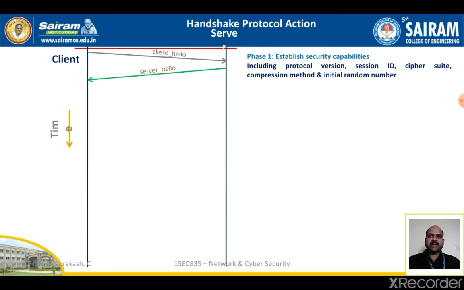Some types of algorithms include hash size, key material, and IV size, and whether it is exportable. In this way, phase one is established. The establishment of security capabilities happens with the handshake protocol.